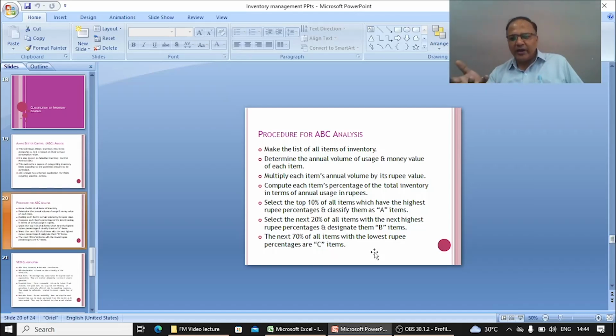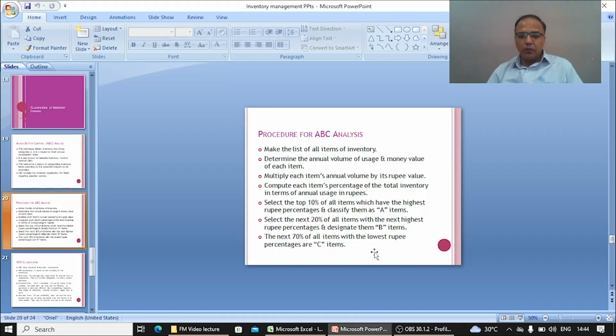Suppose the 10% of items is consuming around 70 lakh rupees, then you can find out that around 70% of total money is consumed by these 10% items. It means around 70% of money is spent in purchasing only 10% of items, and the remaining 30% money is used by the organization to purchase the remaining 90% of the items.